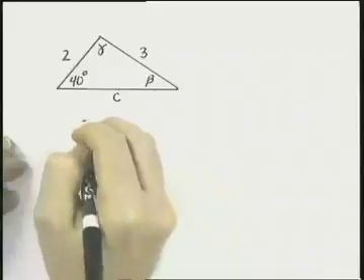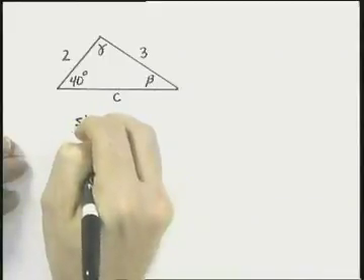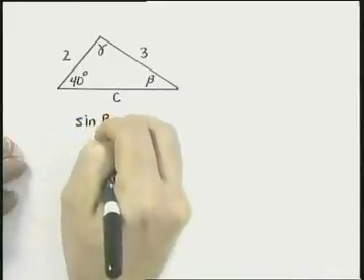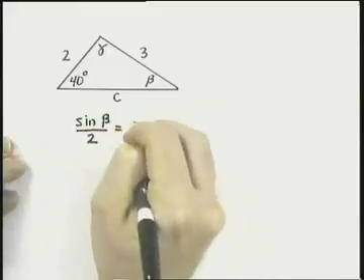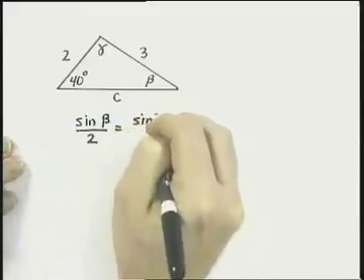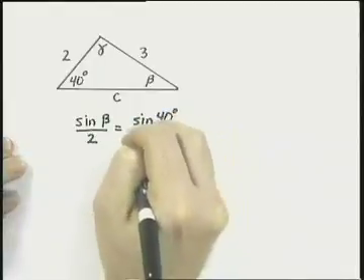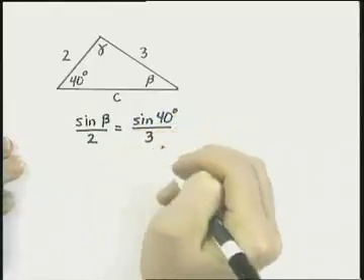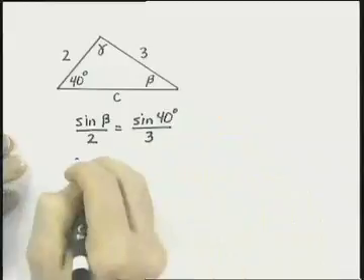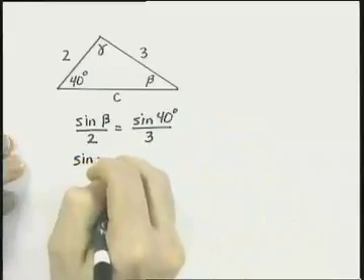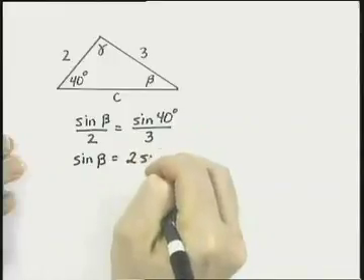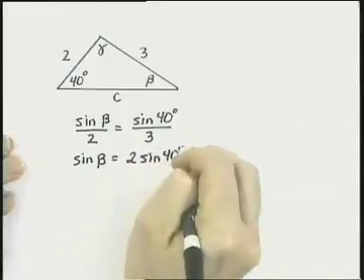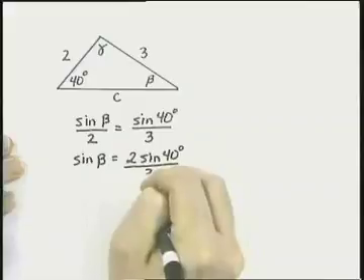We can find the angle beta by saying the sine of beta over the side opposite beta, B, which is 2, equals the sine of alpha, 40 degrees, over the side opposite, 3. That means that the sine of beta is going to equal 2 times the sine of 40 degrees over 3.